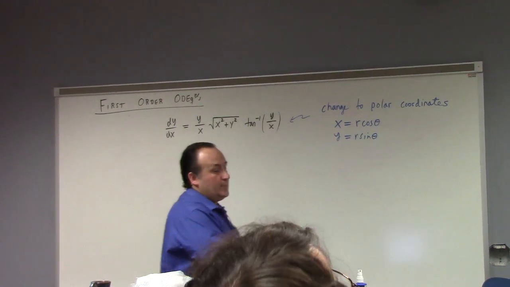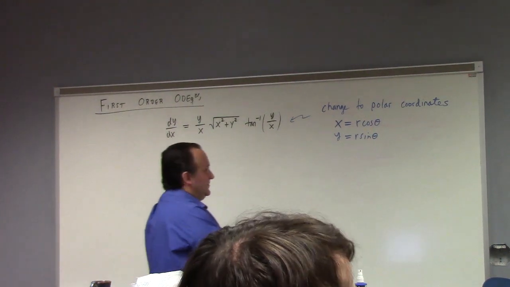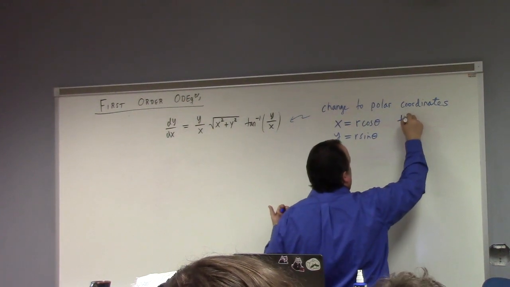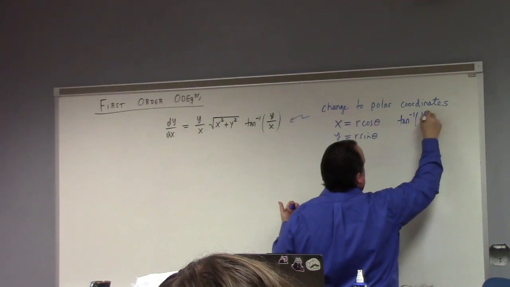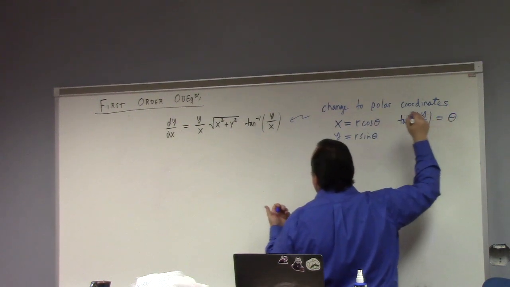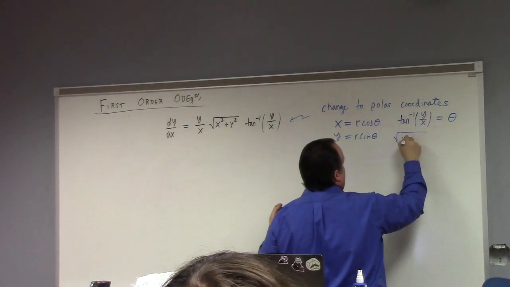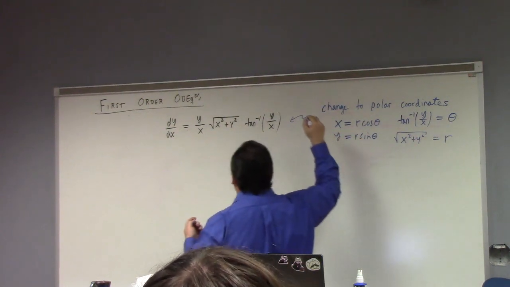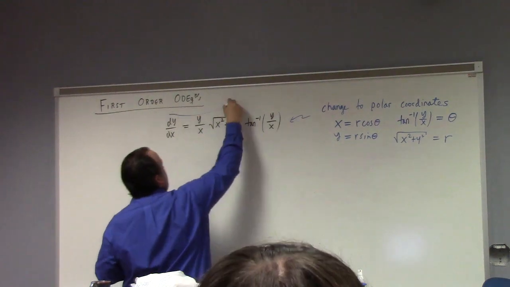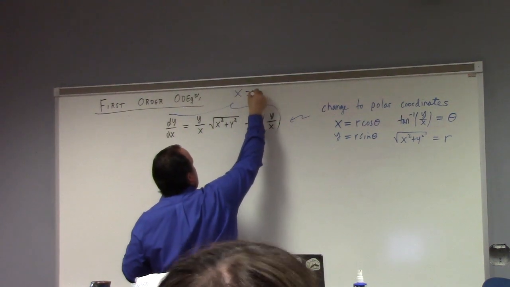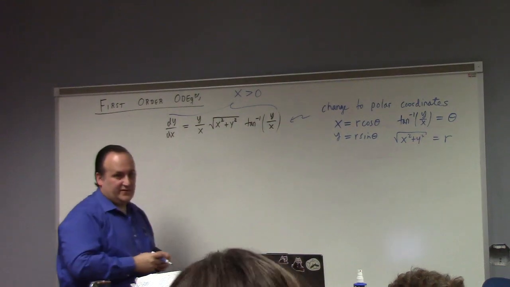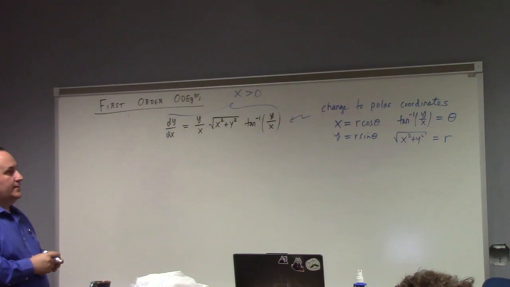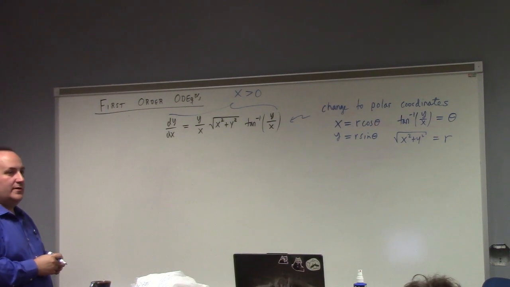And we also know that inverse tangent of y over x is equal to theta, and the square root of x squared plus y squared is equal to r. And I'm going to be kind and say that the context here is x greater than 0, just so we don't quibble over definitions of angle and such. So, all right, would that help?